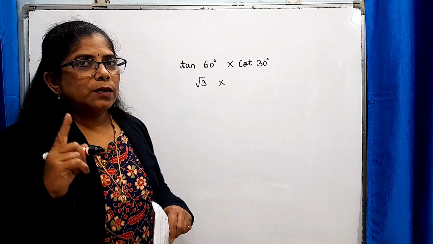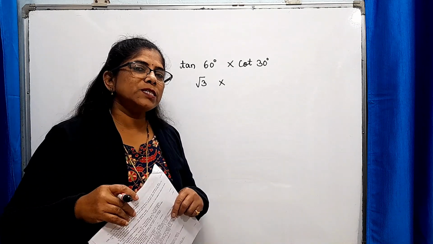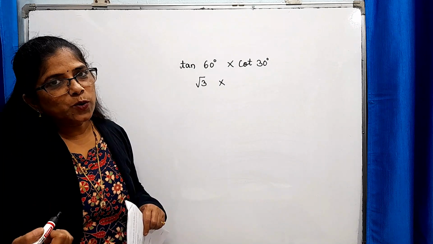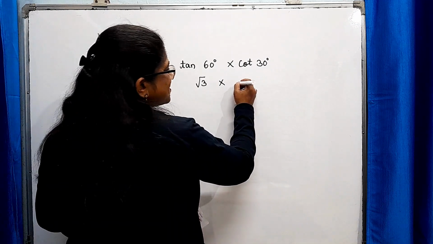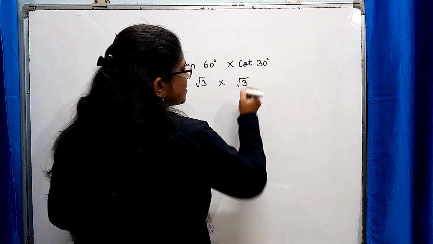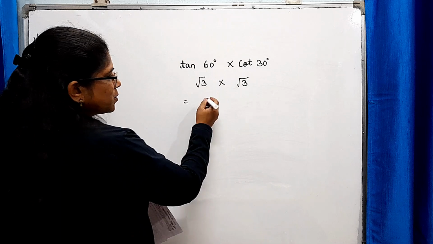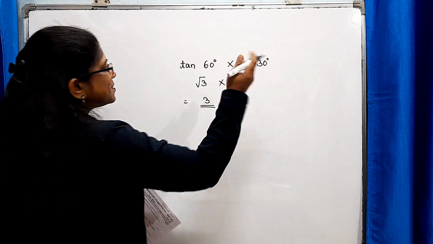We know cot is the reciprocal of tan. What is tan 30? It's 1 upon root 3. So what is going to be cot 30? The reciprocal of 1 upon root 3 is root 3. Root 3 into root 3 is 3. This is the answer.